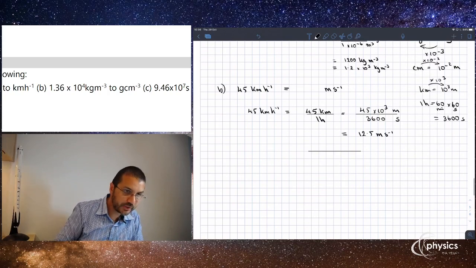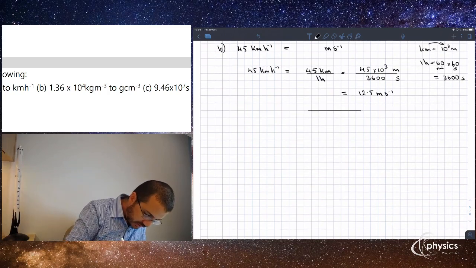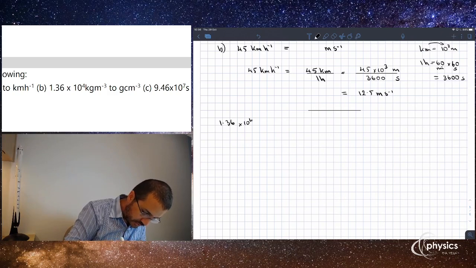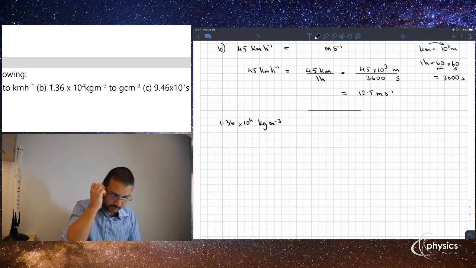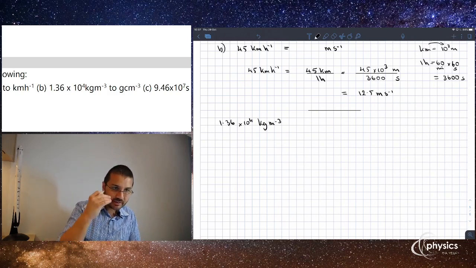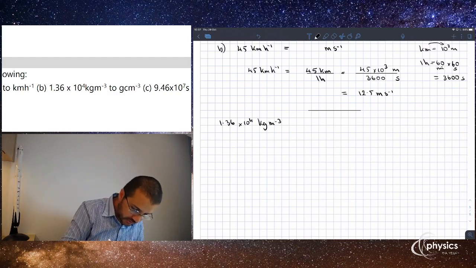So what we're given is this density, 1.36 times 10 to the 4 kilogram per meter cubed, which is in the SI unit. But he's telling us to change it into grams per centimeter cubed.